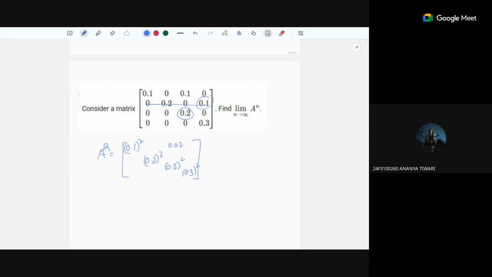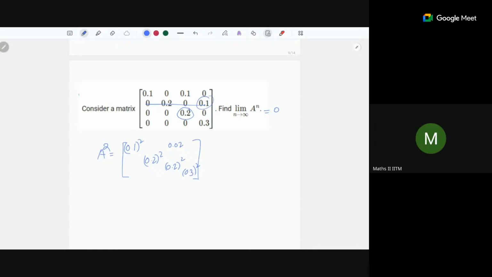Means we will get a 0 matrix in between, so the whole thing will become 0. Yes, that is true. So the answer to this question will be the zero matrix. That is true, your intuition is correct. If you can argue that, that is completely okay.